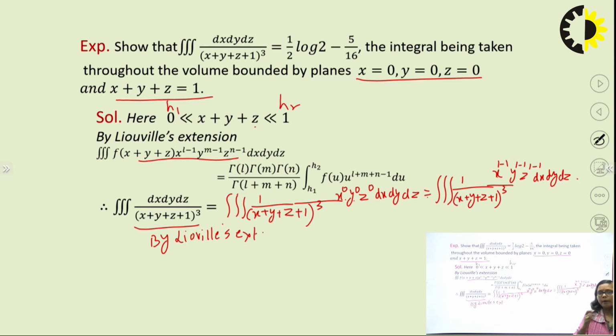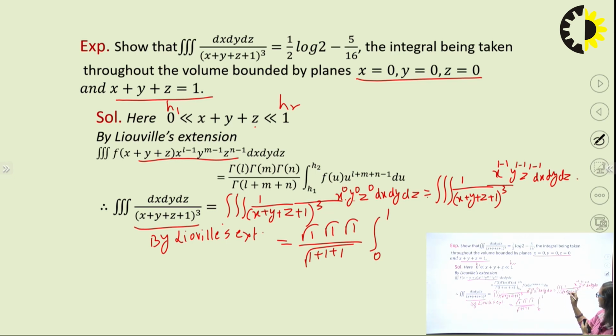I now write it in the form of the gamma function. L, M, N are each 1 here. So it's gamma 1, gamma 1, gamma 1 upon gamma of 1 plus 1 plus 1. This triple integral is converted to a single integral with limits h1, h2, which are here 0 to 1. Next is the function f of u.